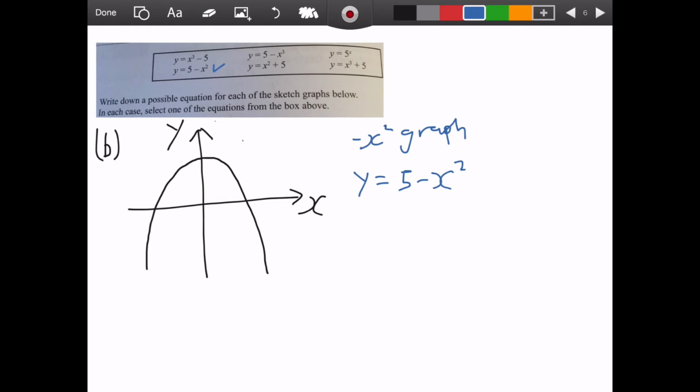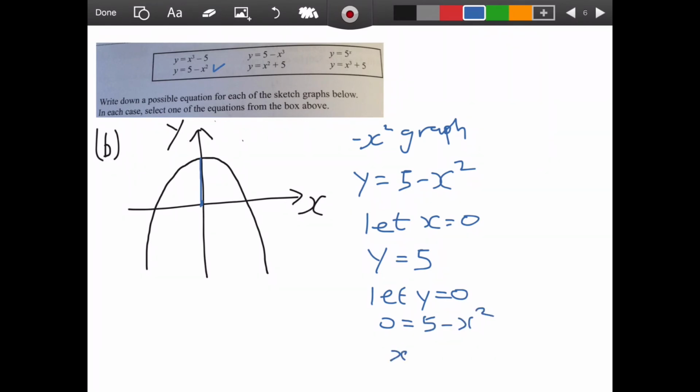For example, in the exam, you just want to really make sure that, yes, this is the one. So you test with the y and x intercepts, right? You let x equal to 0. What is y? Y is a positive number, positive 5. So when x is equal to 0, indeed, y is a positive number. Okay, so when we let y equal to 0, what is x? We realize that 0 equal to 5 minus x squared, and x squared equal to 5, x is equal to plus or minus square root of 5.